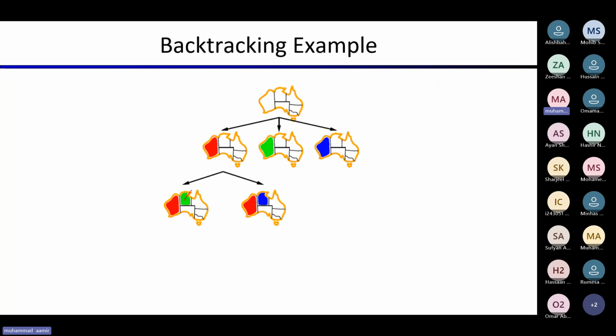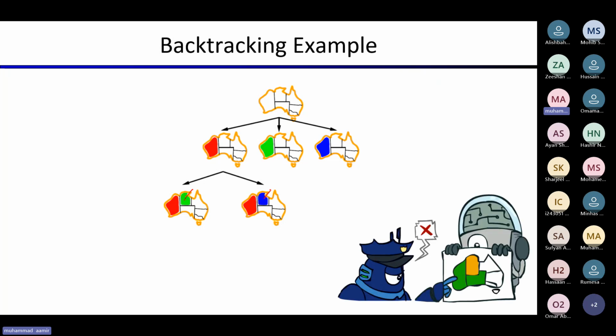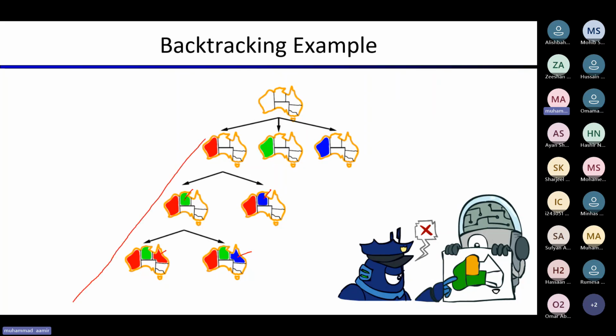One is green, and the second one is blue. We will select any one of these options, and the next variable has two options, red and blue. So we will select one of these. In this way a complete depth-level graph will continue.